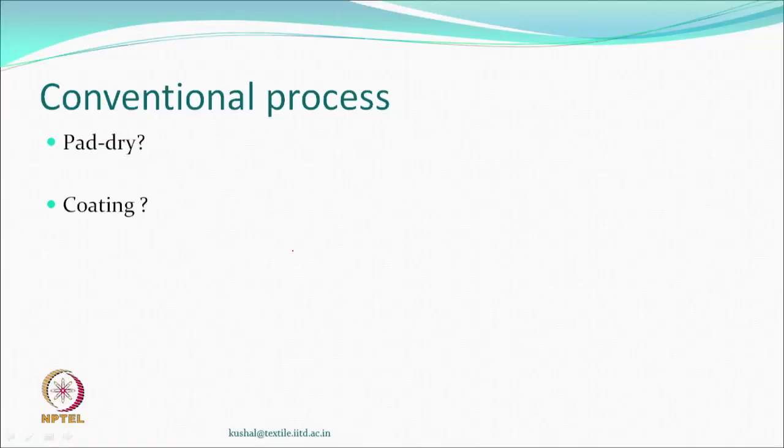Let us say the conventional processes that we normally may like to use: can we use pad dry? Of course, if you have a solution, you can use a pad dry type of material, but invariably we do not want to completely cover the textile from both sides, unless our aim is not just waterproofing, but making sure the gas also does not pass through.